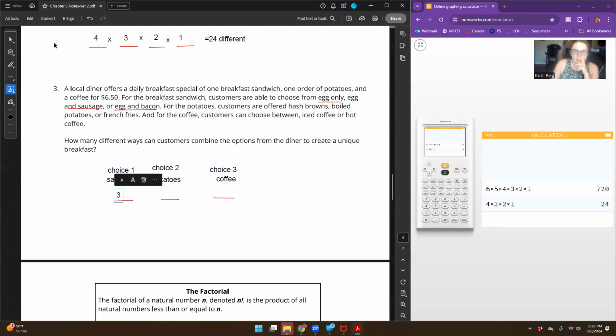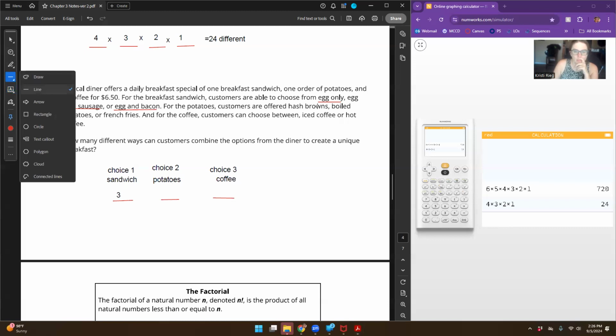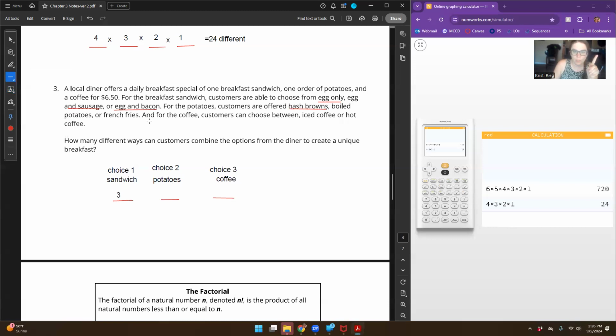How many types of potatoes do we have? We have hash brown, boiled potatoes, or French fries. 3 choices for potatoes. Coffee. How many choices do we have? We have iced and we have hot. 2 choices.